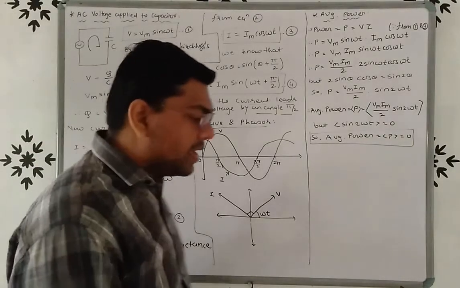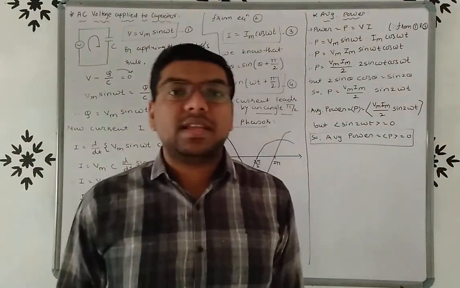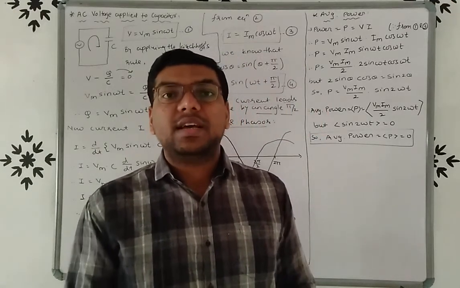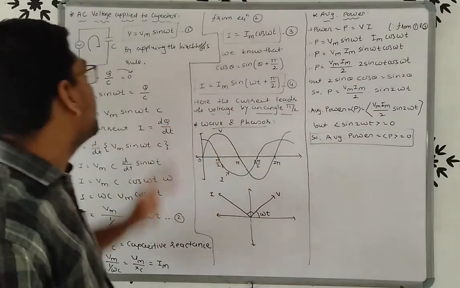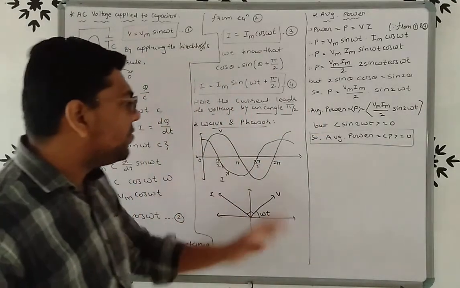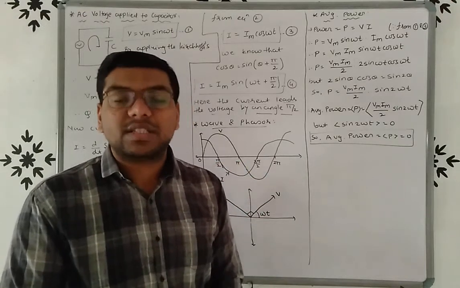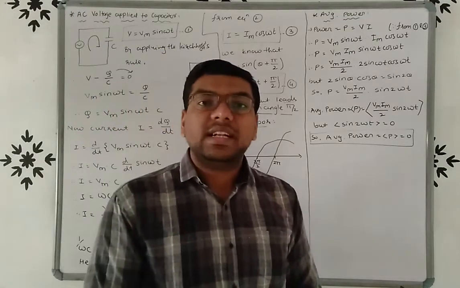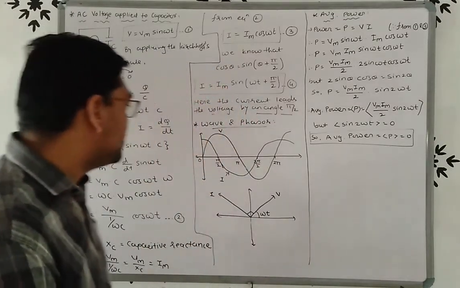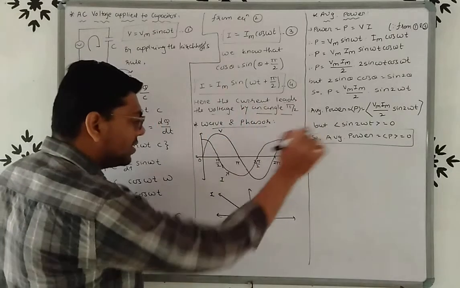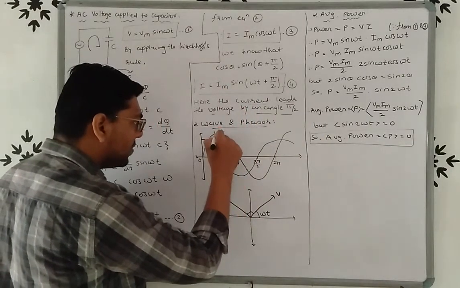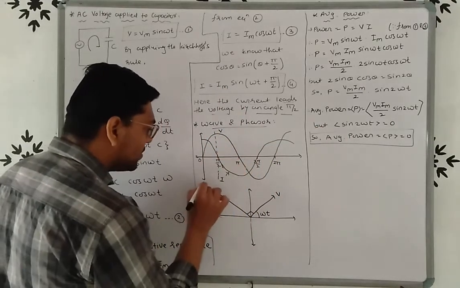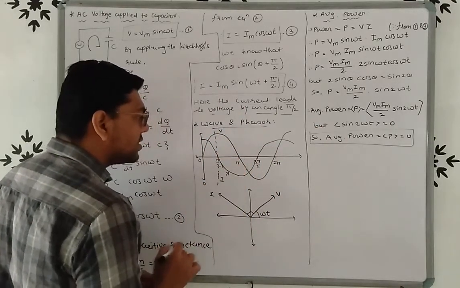Now, as we discussed in the inductor, the different quarters, again for the capacitor we discuss the different quarters, and for these quarters the sign of voltage, current and power. So here, friends, see, this is the first quarter. See this dotted line from 0 to pi by 2. So 0 to 1, this is the first quarter.